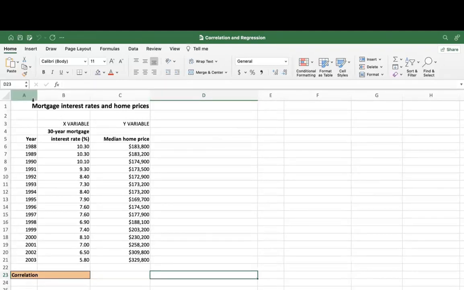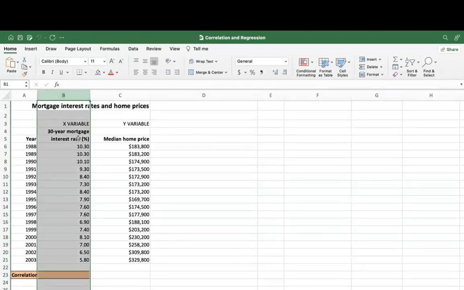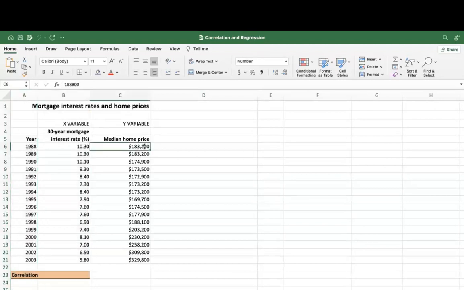So let's say, for instance, we have data about mortgage interest rate and home prices, median home prices, and we have been given the year. In 1988, interest rates were 10.3%, and the median home price was 183.